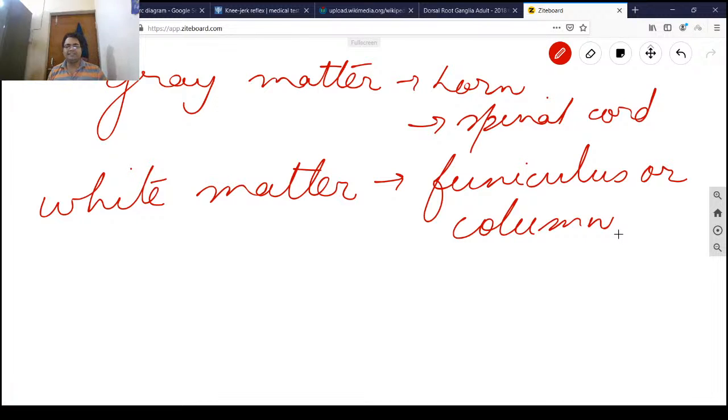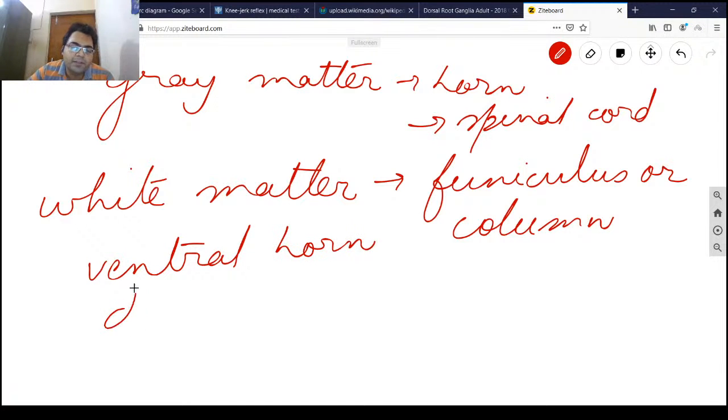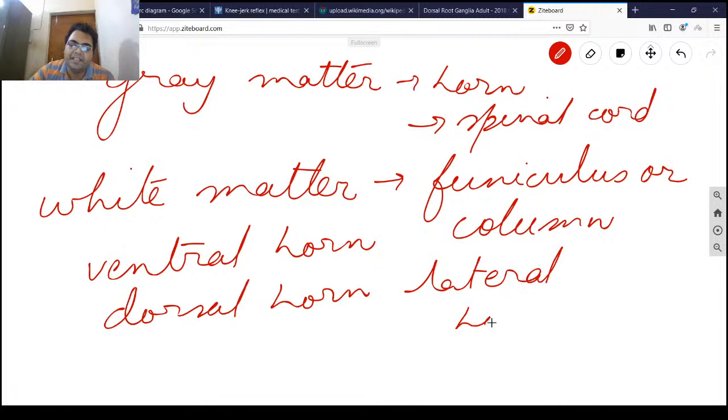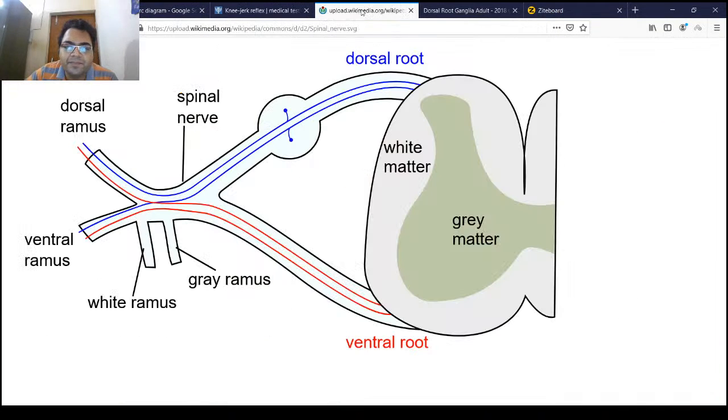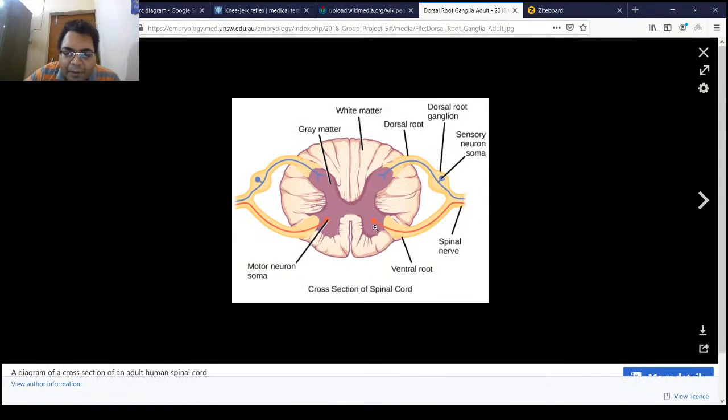So what happens is we have ventral horn, dorsal horn, and lateral horn. Very easy. You can see in this diagram. Ventral horn here, lateral here, towards dorsal side, dorsal horn here. Same way, dorsal column here and here.